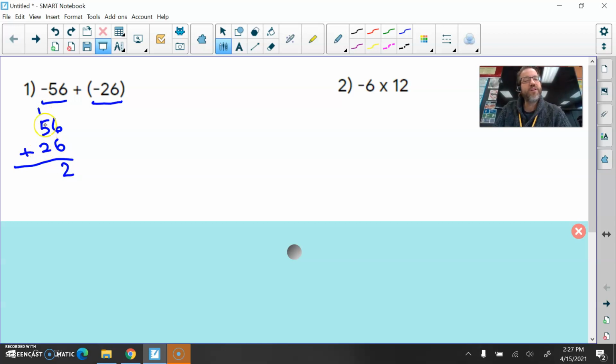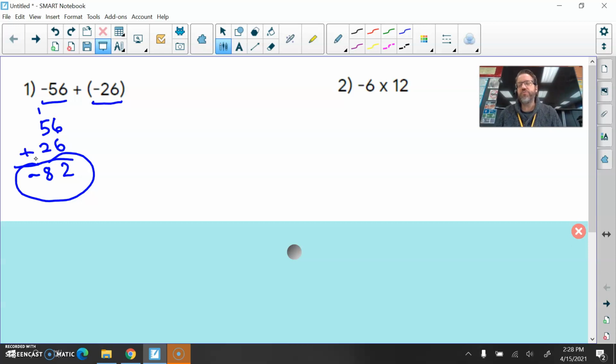Carry the 1. 1, 5, and 2 is 8. So we get 82. What's really important is to always look back to verify what our sign should be. Should it be positive or negative? Since we were adding two negative values together, we have a larger group of negative numbers. We have 82 negatives to be exact. So negative 82 is our answer to that problem.